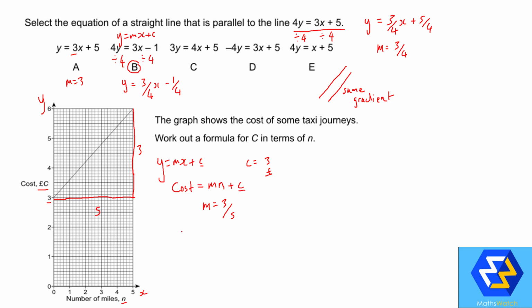So the cost is going to be 3 over 5n plus 3. And that will cause confusion because you're used to that as being written as y equals 3 over 5x plus 3. That's essentially the same thing. They've just renamed these letters. Hope that really helps you all.